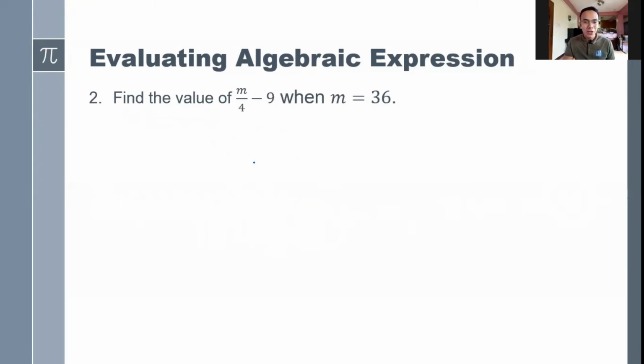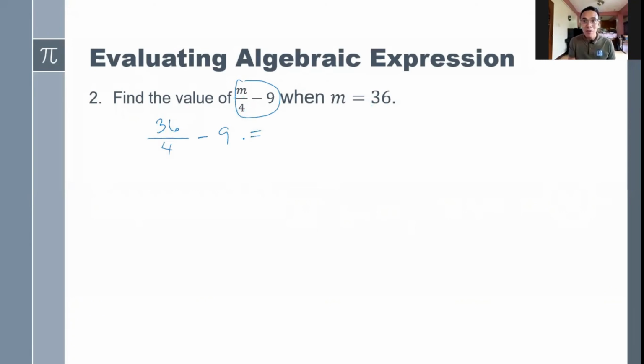Let's have number 2. Find the value of this expression, m over 4 minus 9, when m is 36. So the first thing that you're going to do is substitute or replace m with its given value. The given value of m is 36. So we have 36 over 4 minus 9.